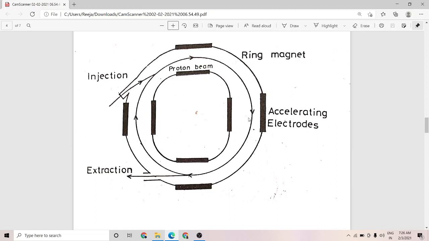So the segments that we mentioned are the quadrants of a circle of radius 30 feet each, and the connecting straight sections are of 20 feet each. So the bevatron magnet consists of four segments, which are the quadrants of a circle, connected by straight sections.